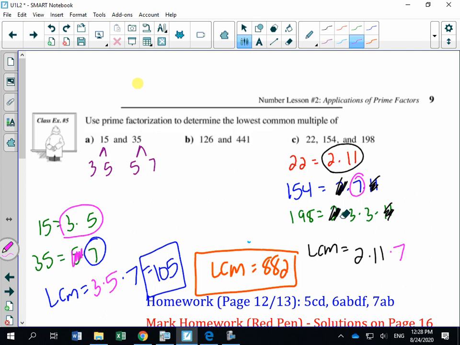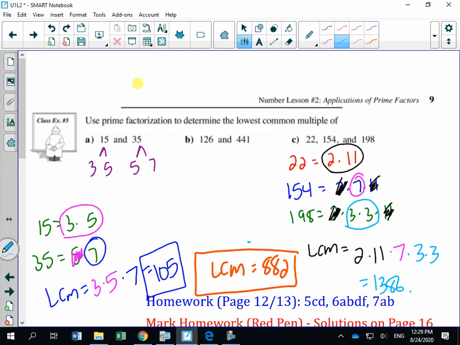You would then need to look here and say, is there a 7 I could cancel from here? If there was, you would cancel it, 1 7. But there's not. So your remaining factors from this group are 3 times 3. And your answer is going to be 2 times 11 times 7 times 3 times 3. So that answer is 1386.